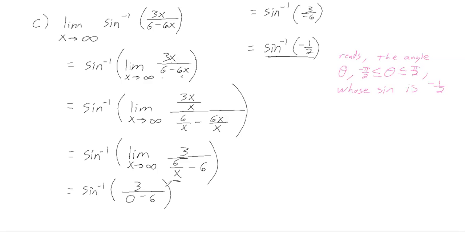That's from trig, right? Think about this for a second. On the unit circle, we're only looking between negative pi over 2 and pi over 2 for the angle whose sine is negative 1/2.